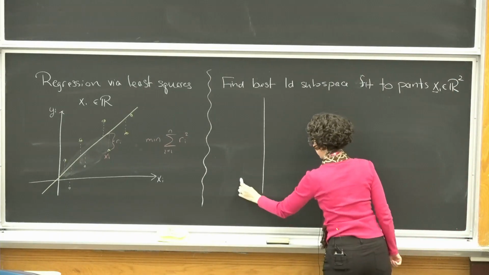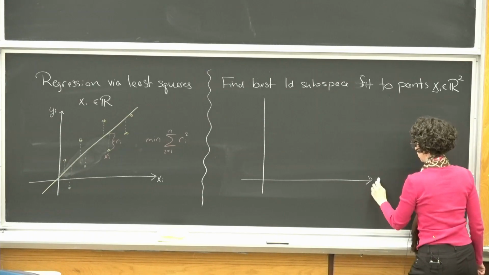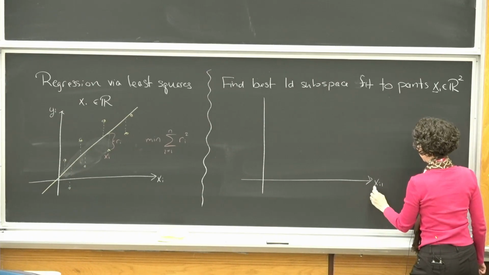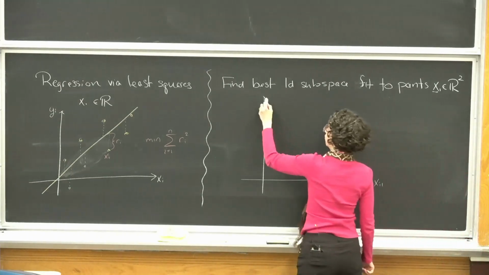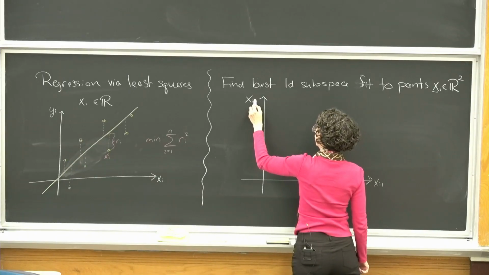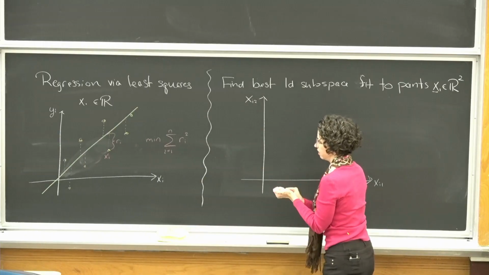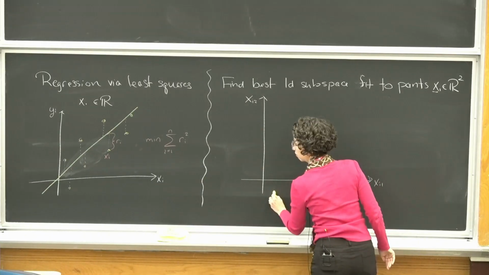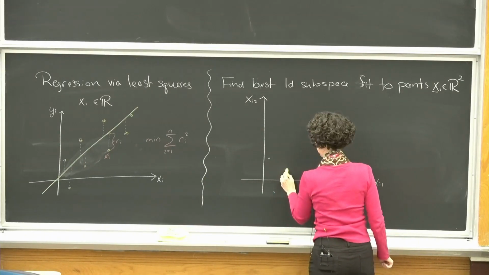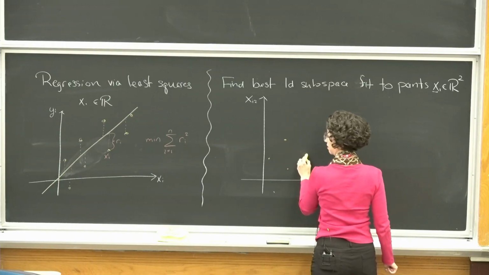So our picture might initially look the same, but what I'm plotting here now is the first coordinate of each xi versus the second coordinate of each xi. And I might have in this plot even the same kind of set of points. Perhaps we'll do our best here.